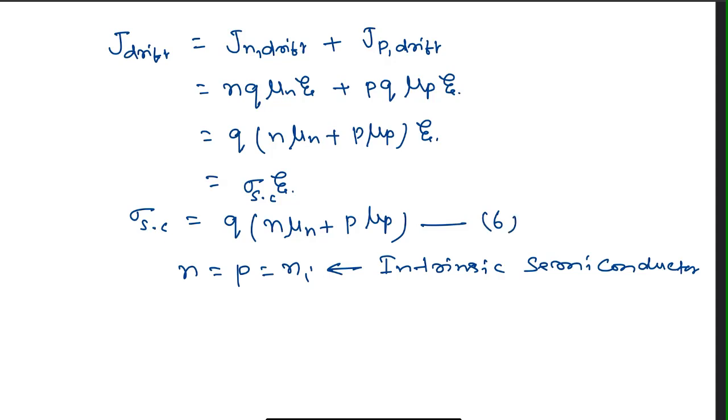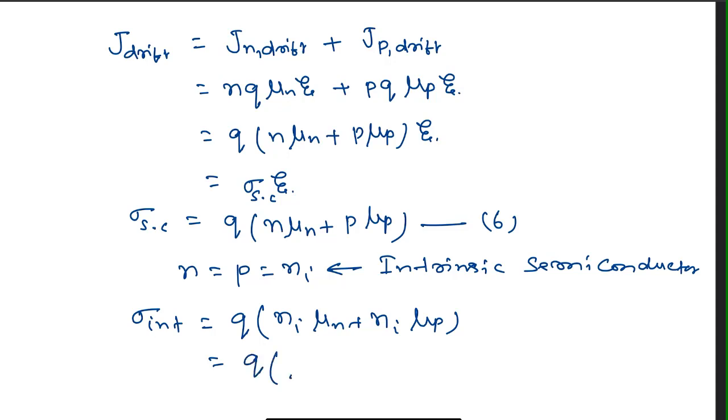In equation number 6, we substitute Ni in place of N and P. So sigma intrinsic is equal to Q into Ni mu N plus Ni mu P. Ni is common to both, so this can be written as Q times mu N plus mu P, into Ni.